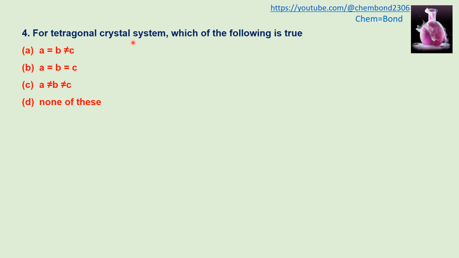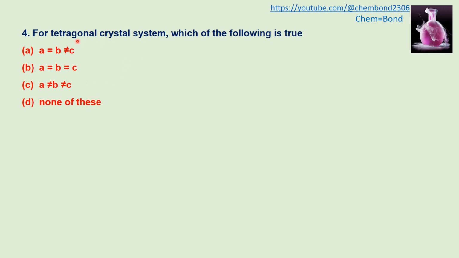For the tetragonal crystal system, which one of the following is true? There are four options given that will have edges. A is equal to B, B is not equal to C, and the three are not all equal.